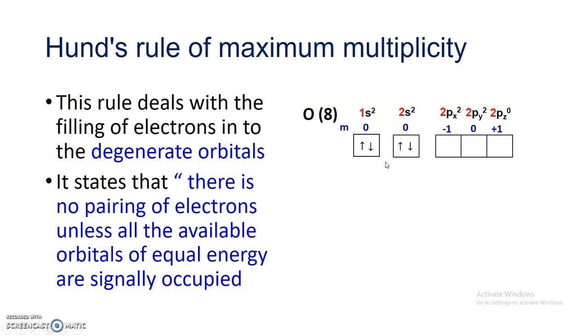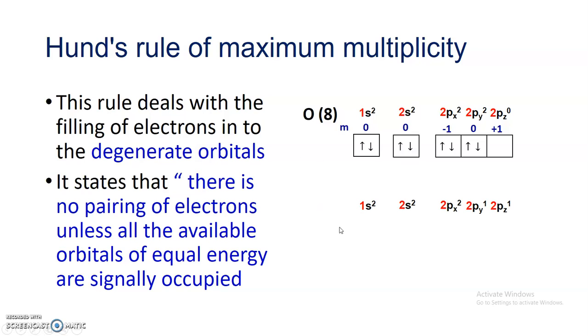According to Pauli's exclusion principle, maximum 2 electrons are accommodated in a single orbital with opposite spin. Now consider the fifth electron. It is accommodated in the 2px orbital. This is fifth, this is sixth, accommodated in the same orbital. Then 7th and 8th. So this is one way of filling the orbitals.